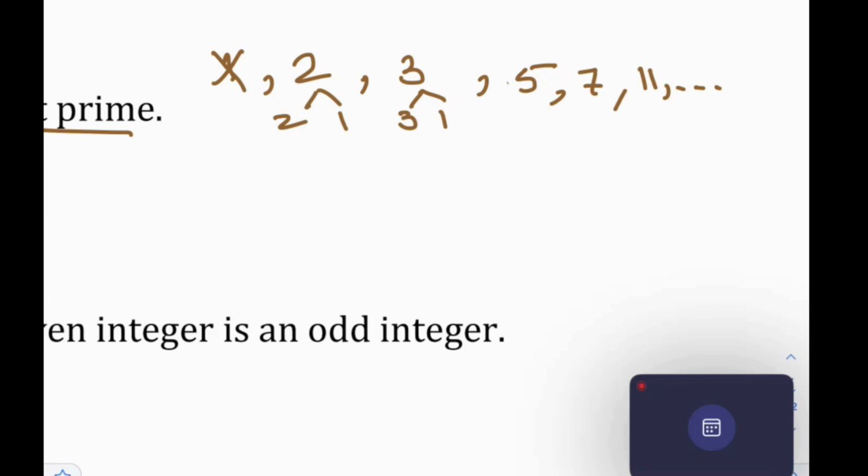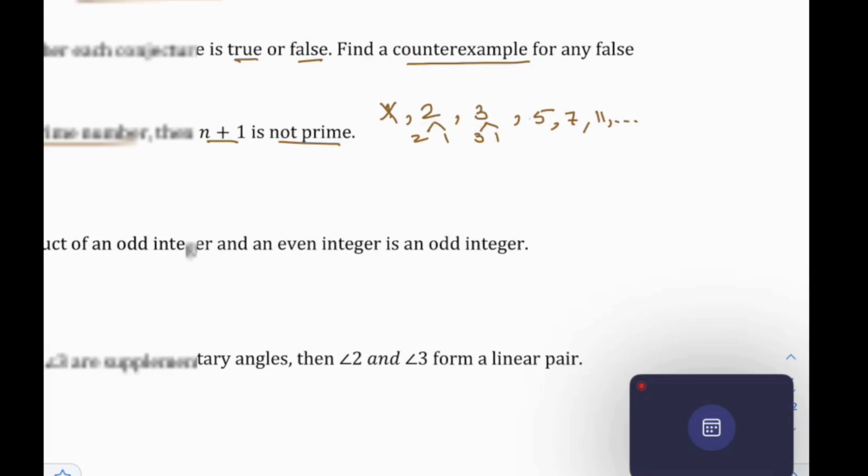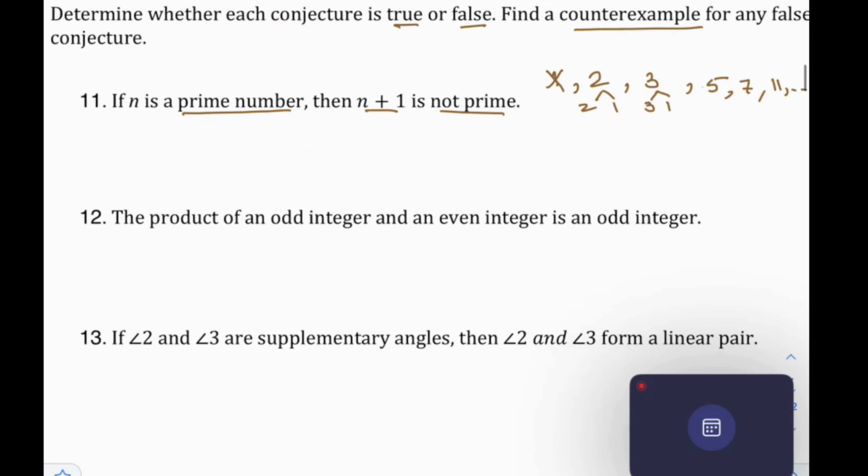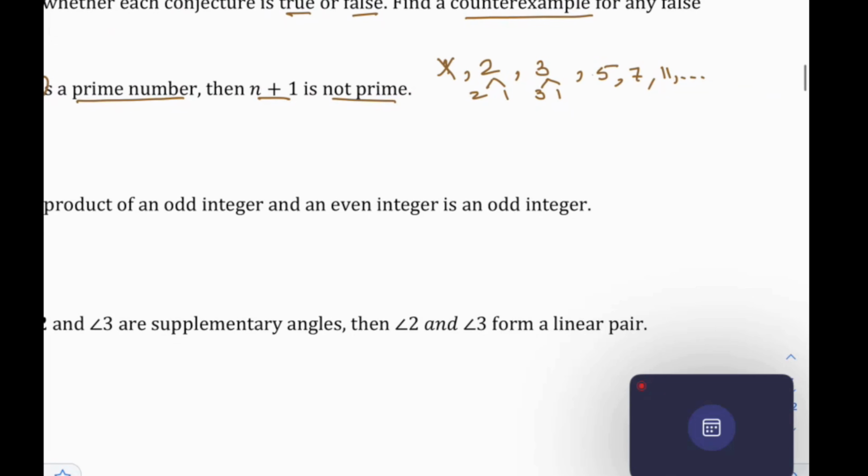So all even numbers are not prime except 2, because it's the only one that has two different factors, 2 and 1. Are all odd numbers prime? No, not all odd numbers are prime, but all prime numbers are odd except 2. We have now understood the meaning of prime numbers. So let's assume that n is prime and check what is n plus 1.